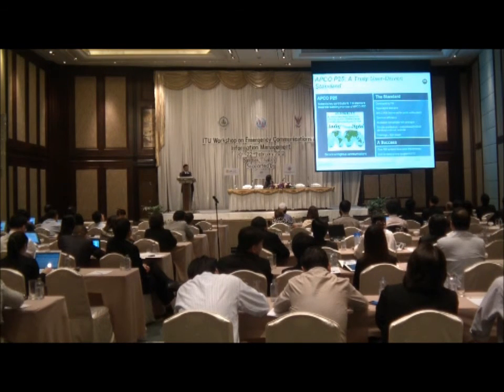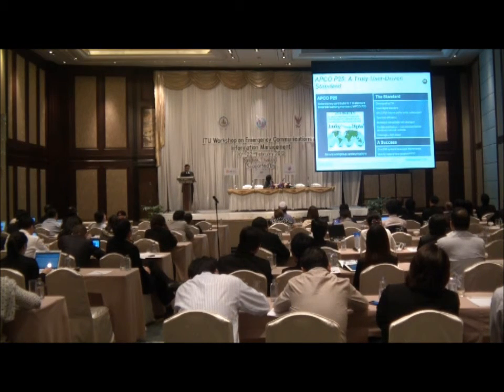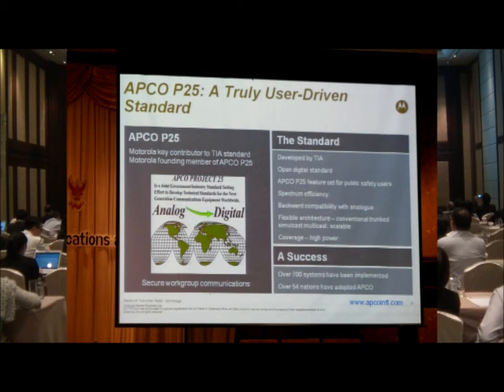APCO P25 is basically user driven because it was entirely driven by the US police forces. They were the ones who wrote the standard, they were the ones who defined the requirements and the feature set. It's an open digital standard. Backward compatibility with analog was very important for the police because a number of police users continue to have analog. So it has backward compatibility with analog.